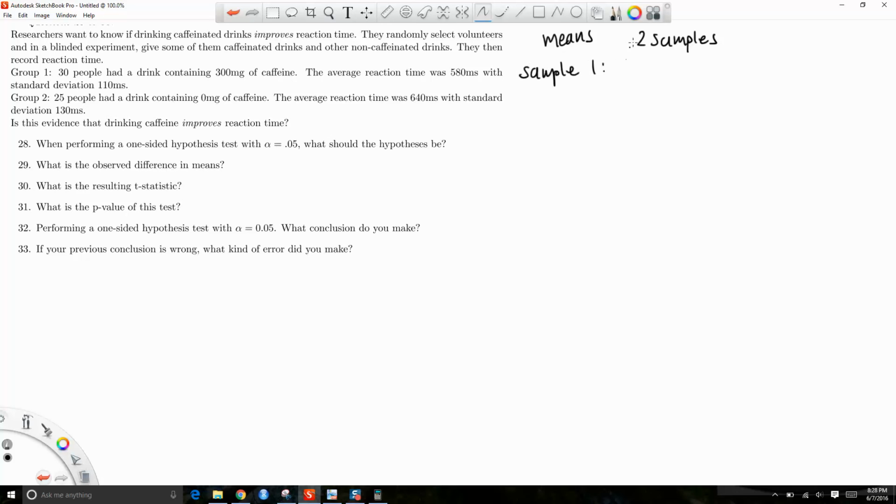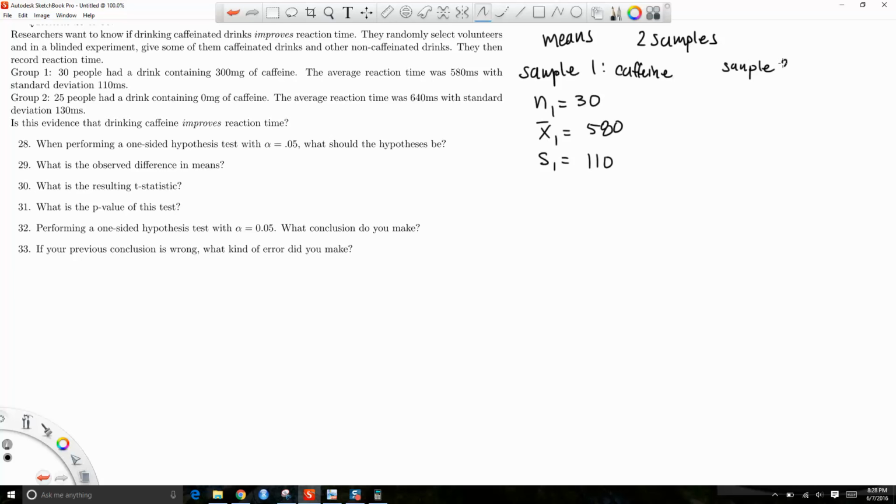This will be those with caffeine. They got 300 milligrams of caffeine. Our sample size, n1, is 30 people. The average reaction time, x bar 1, is 580, and the standard deviation here is 110.